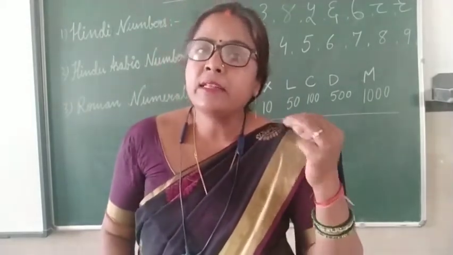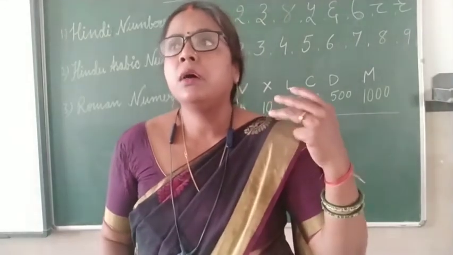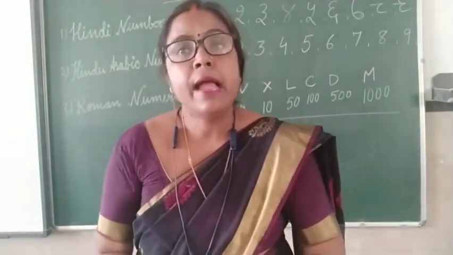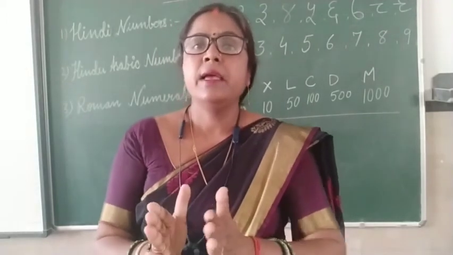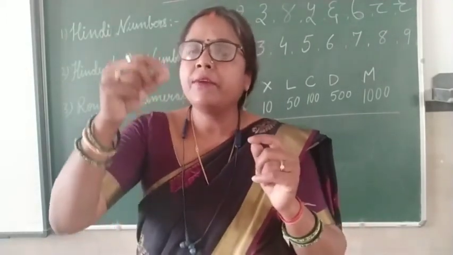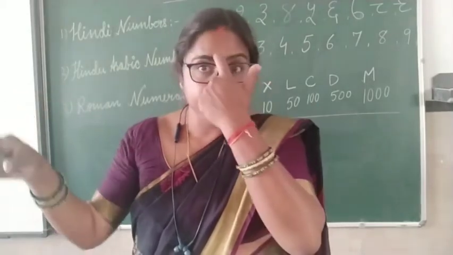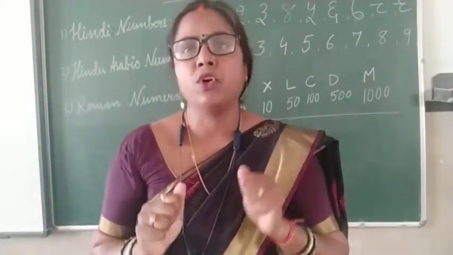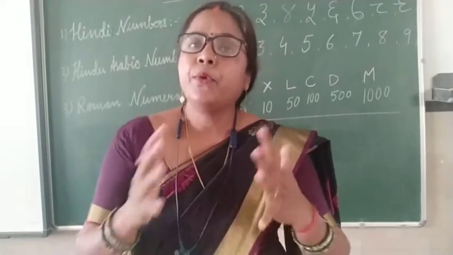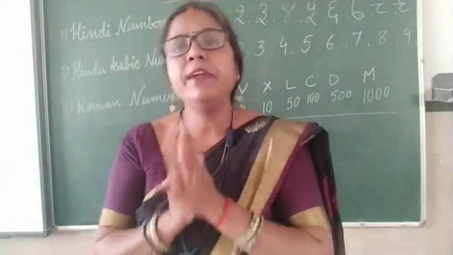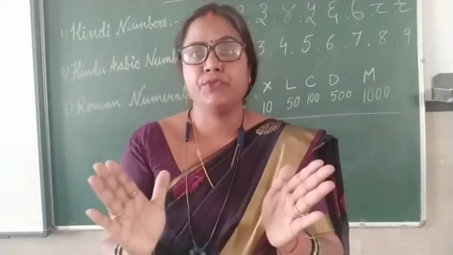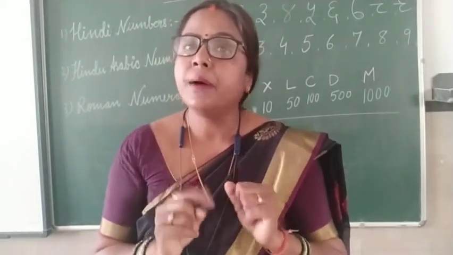When we add the letters A, N and D, we get the word and. Similarly, you do not put a comma after A and after N and after D, because it means combining. When we are combining, we don't have to put a comma. When we put a comma after every digit, it means we are separating the digits individually. That is not a number.